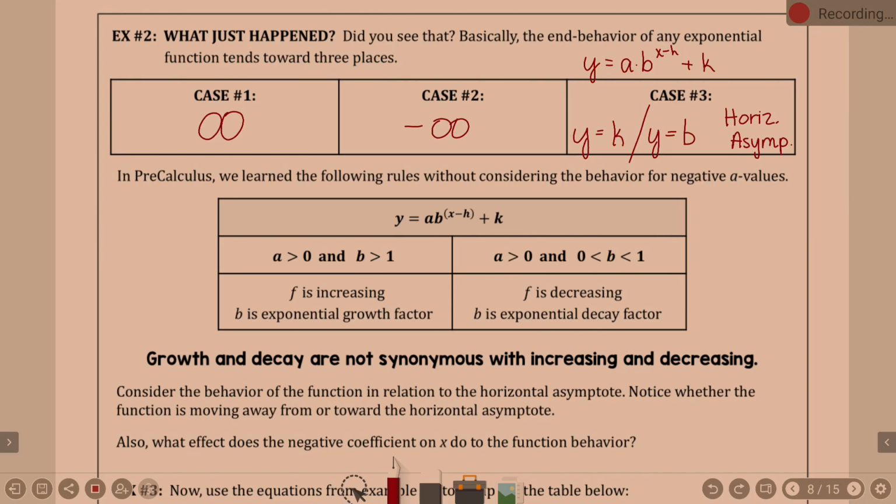Okay. Now, example 3 asks us to use the equations from example 1 to complete the table below. Some of this information we already have on the previous page, but we can also try to visualize. I'm trying to remember, did I have them? Are we flipping back, or are we trying not to flip back?